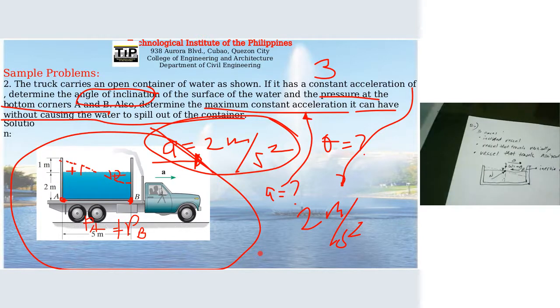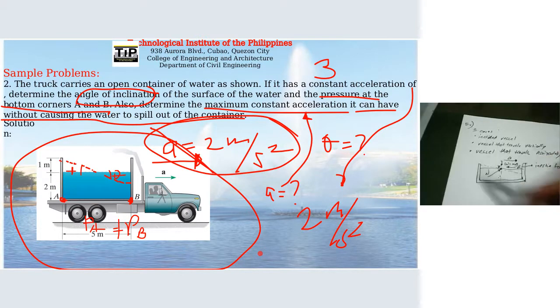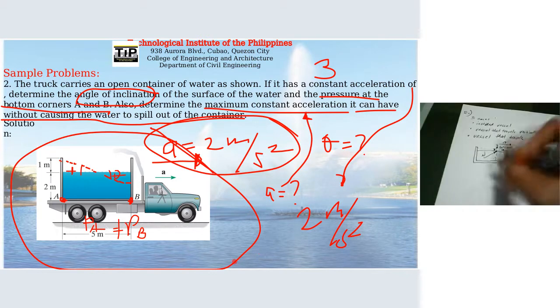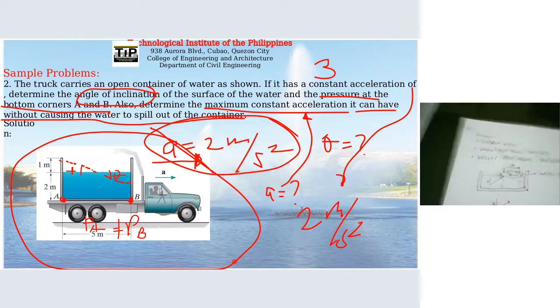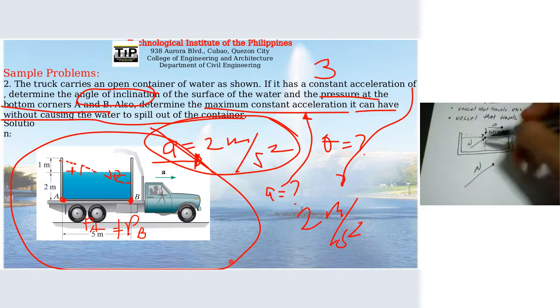Now, based from this figure, we can draw its free body diagram. So we have a normal force here. We have a weight that's going downward.